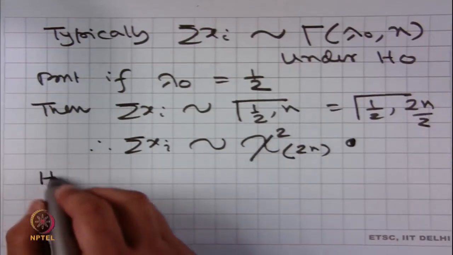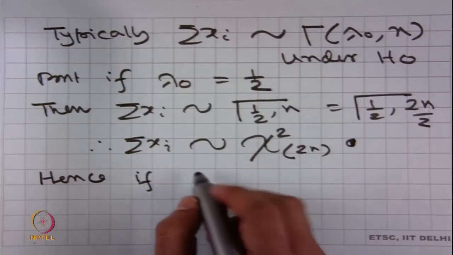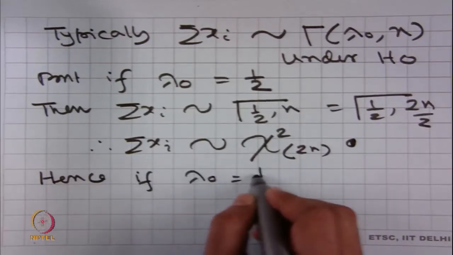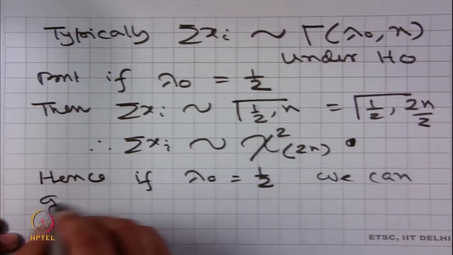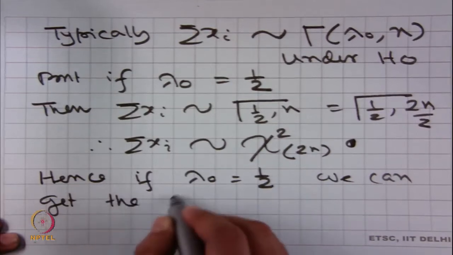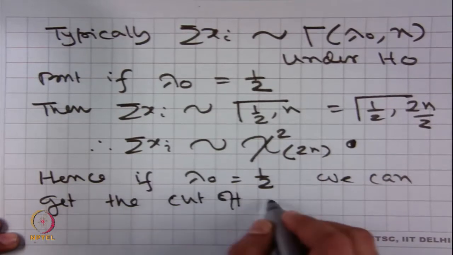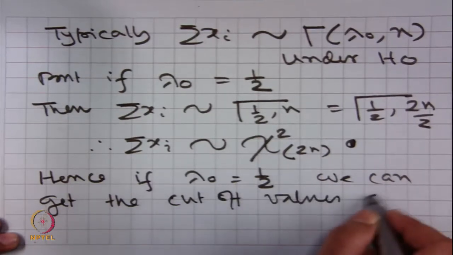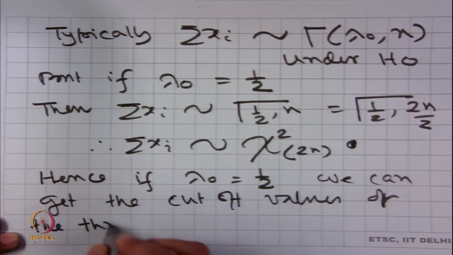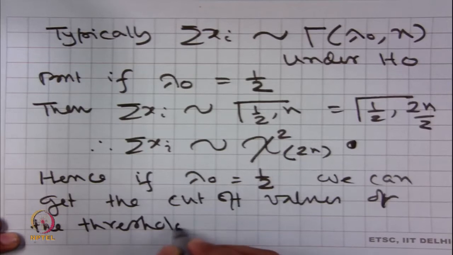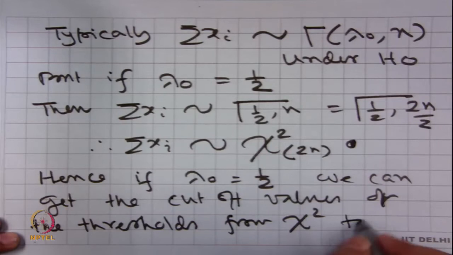Hence, if lambda naught is equal to half, we can get the cutoff values or the thresholds from chi-square table.